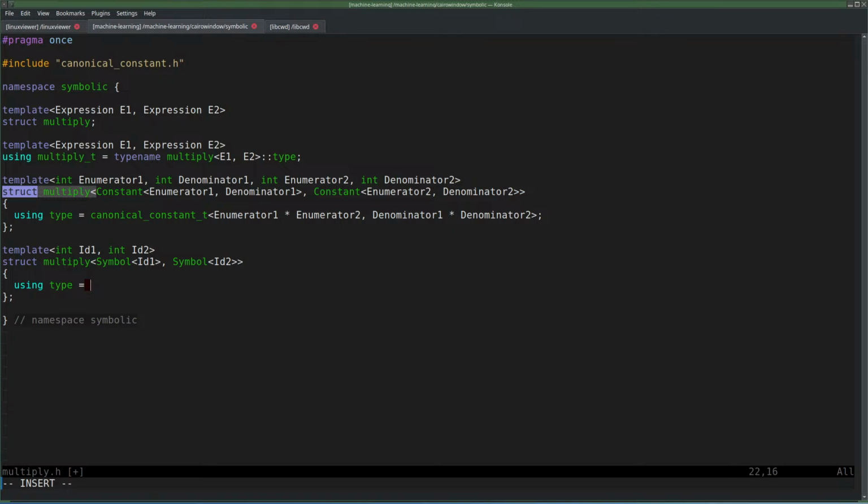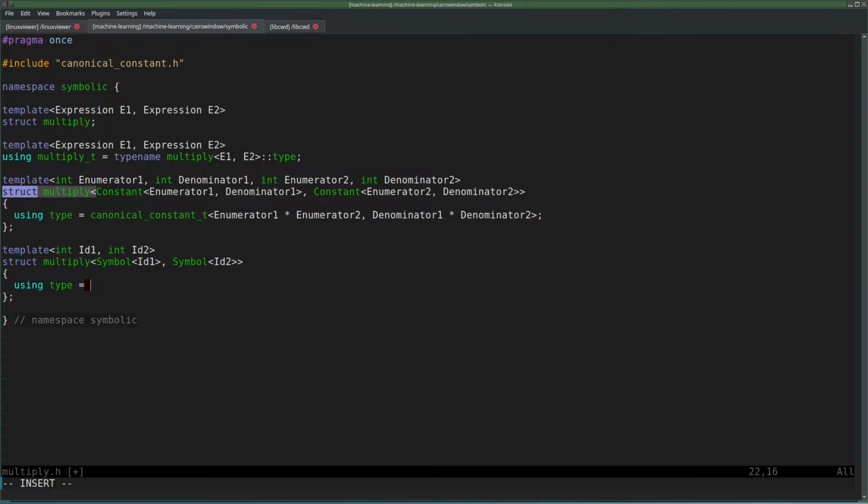If ID1 equals ID2, then it's the same symbol, and we just get a power of a symbol to the power 2. While if there are different symbols, then I get a product. Or it can say declaration type of one symbol times the other one.